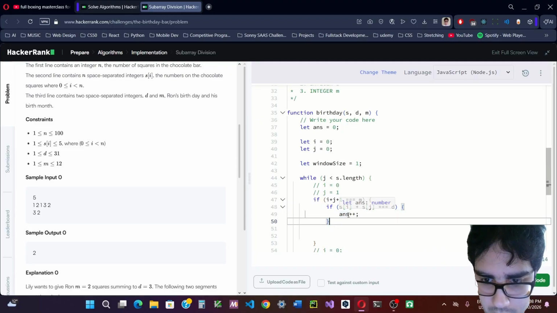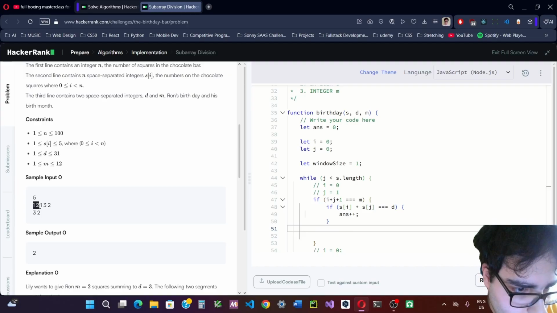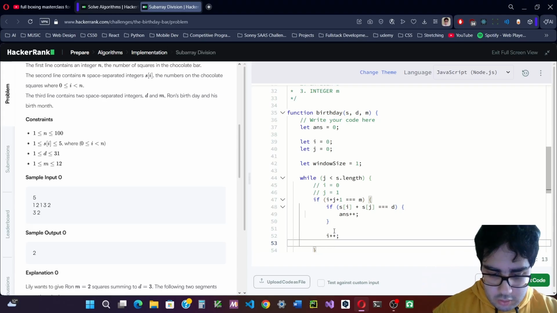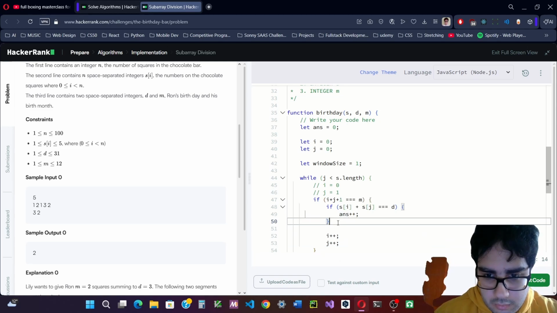Then we're gonna increment the answer, so this is 0 1, and then we want 1 2, so then we're gonna go i plus plus and j plus plus.